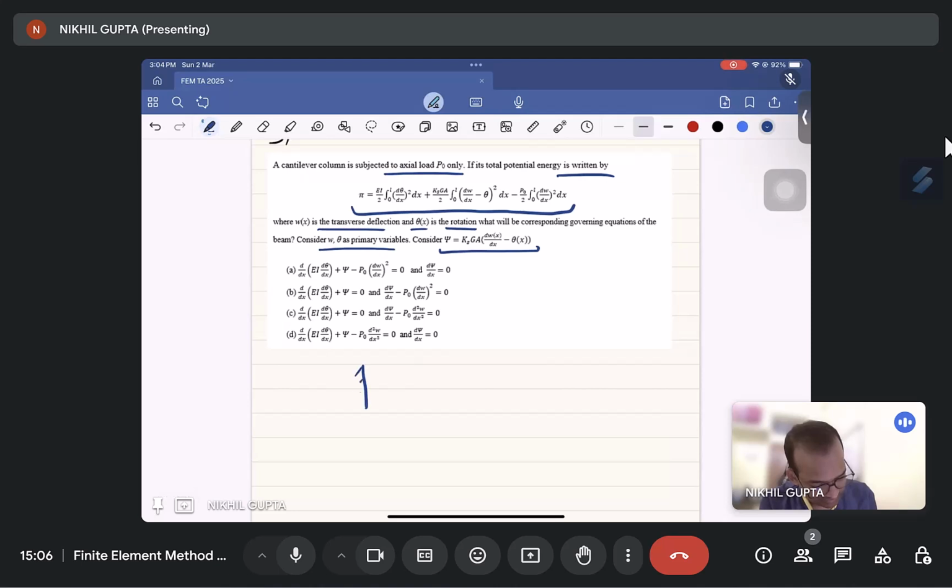This is the cantilever beam, and a load P is given like this, which is P naught.